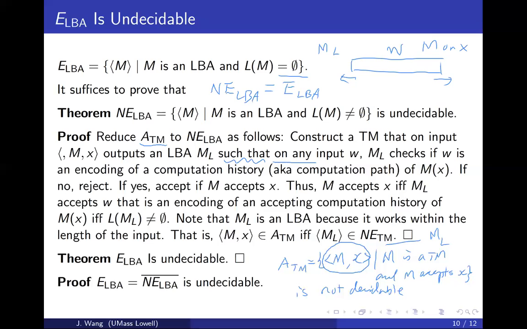And then, of course, we know that M sub L accepts W. That means that the language accepted by M sub L is not empty. Hence, this reduction holds. And we also know that M sub L is an LBA because it remains within the boundary of W. Okay, so that is the reduction proof.